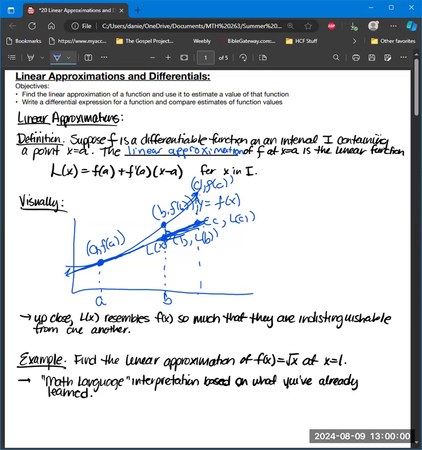If we actually think of this curve as a whole bunch of little lines, then at this particular segment right here at a, f of a, they're the same line segment.